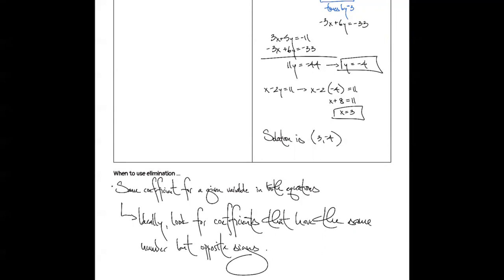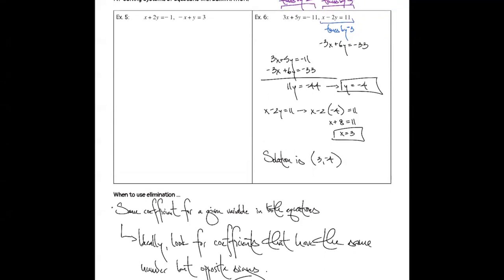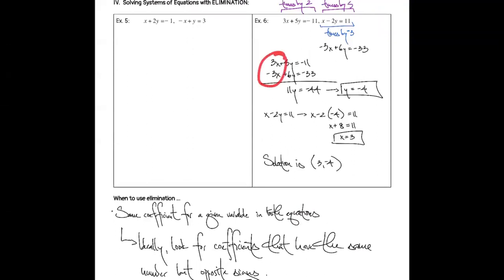Right? If they have opposite signs, sort of like we created in example 6, we can add them together. We don't have to worry about subtracting or distributing that negative sign and maybe making a mistake there. Okay.